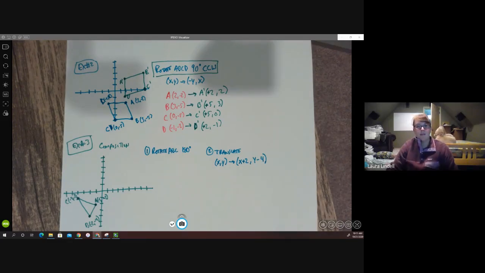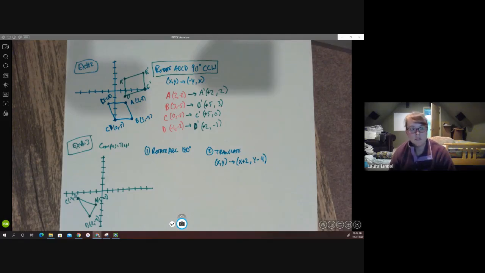Okay. And it's very important, always do the first instruction first. I know it might seem like, duh, you do the first thing first, but it's important here. You might see the rotation and go, oh, I don't really like rotation, so I'm going to do the translation first. We don't want to do that. We want to make sure we rotate first and then translate. We want to follow the instructions in order.